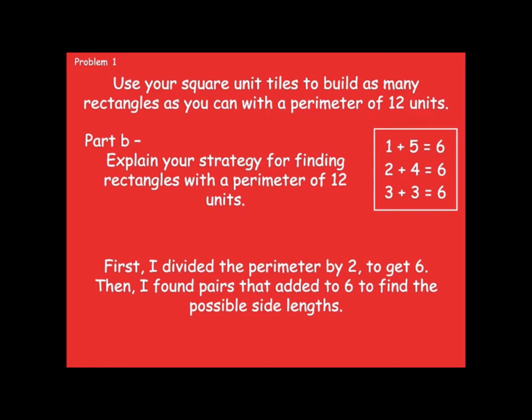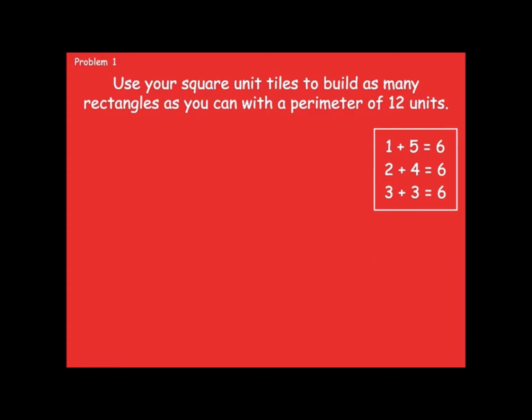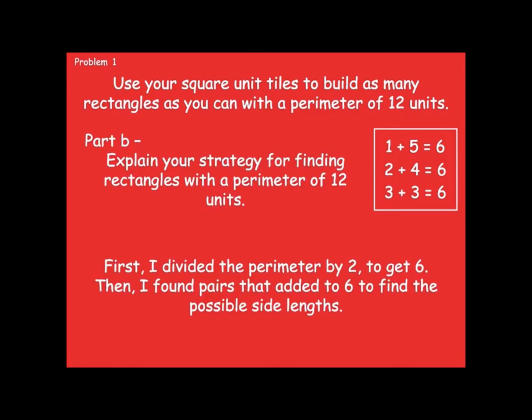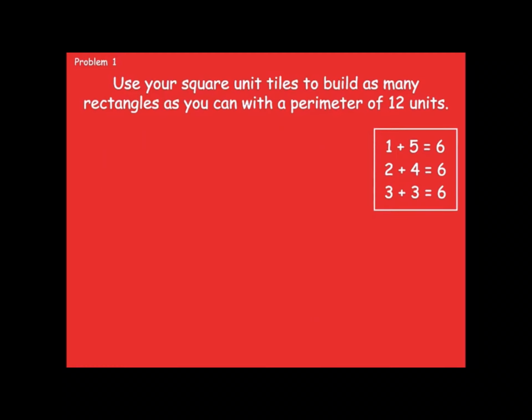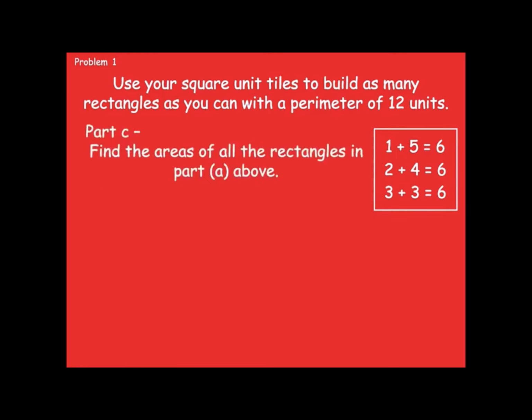Okay, so that's what I jotted down for part B. All right. And friends, hang on, let me go back to this. If you didn't get this, that's okay, jot it down now. Pause the video, jot it down, because you can refer back to this as your notes to help you solve problem 2.